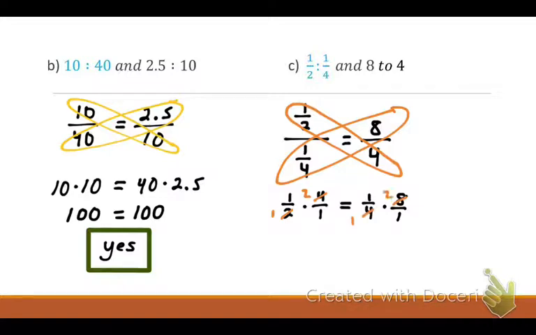Very good. When I multiply that out, what do I get, guys? 2 over 1, which is just 2, equals, and what about the right side? 2 over 1, which also equals 2. Are those equivalent? Yes, which means they do form a proportion. All right, so even when you have fractions, you can still do it the same exact way with your cross products.